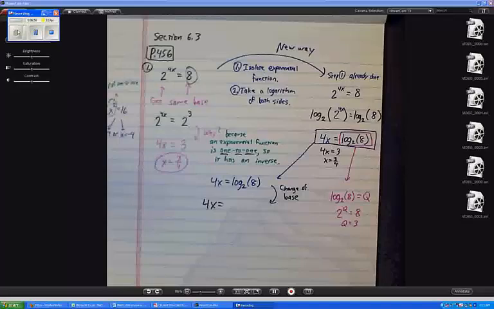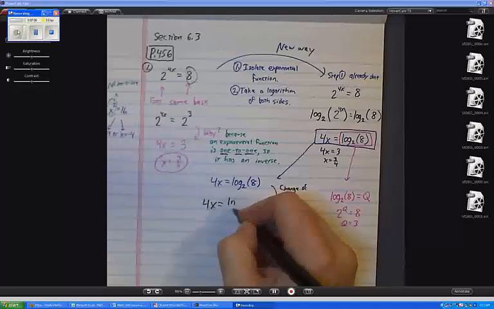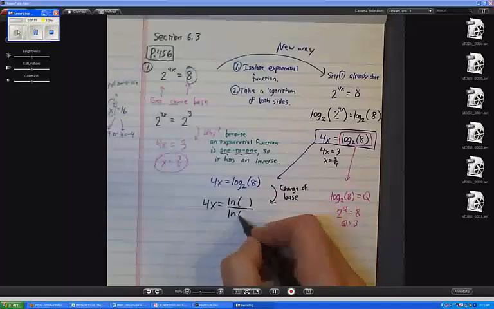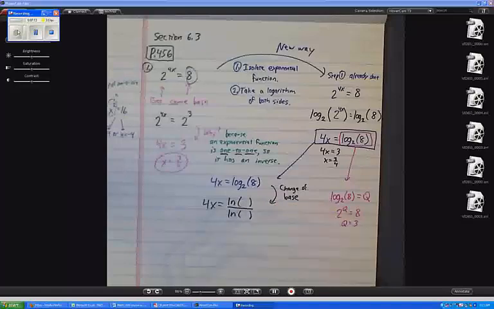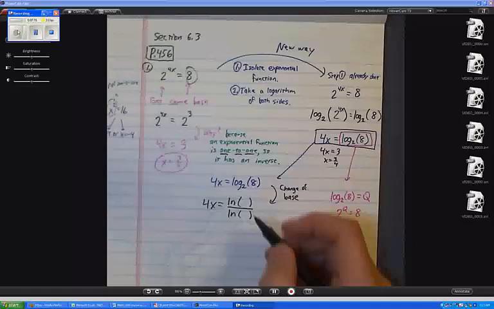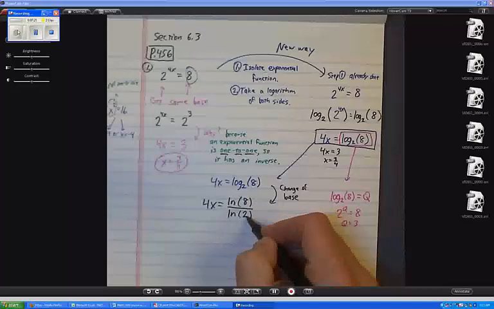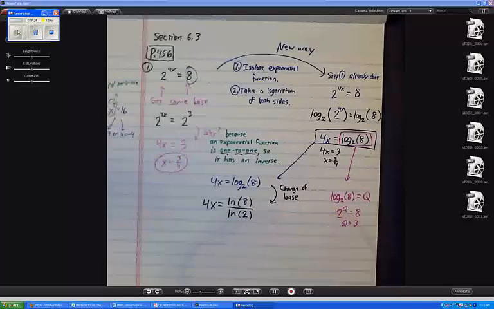Like I could do the natural log. And what's the natural log? What base? Thank goodness, I don't have to sing again. So we could write that this is equal to the natural log of something over the natural log of something. Do you know what it is? Natural log of 8 divided by the natural log of 2? Really? Yeah, let's see.